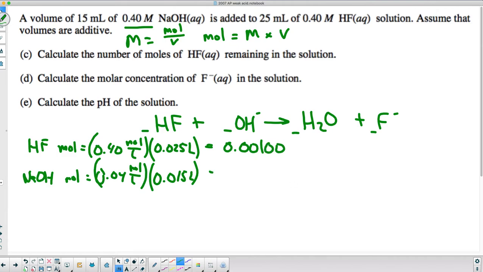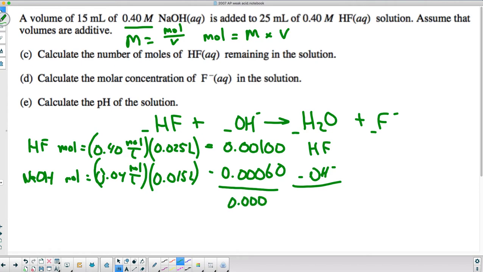All I have to do for the HF here is subtract the number of moles of OH minus that reacts with it. Just subtract it, and that will tell me how much I have left over. So this is 0.006, which means when I subtract the two, what I have left over is 0.004 moles of HF.